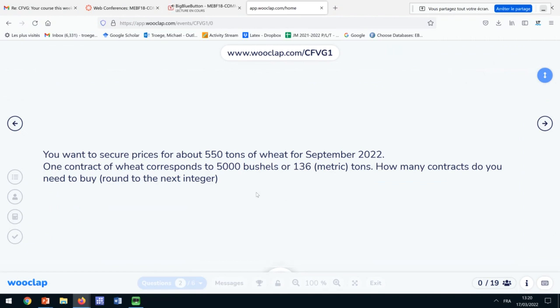Okay. So how many contracts of wheat do I need to buy to hedge or to lock in the price of 550 tons? There has to be a bit of a calculation here.